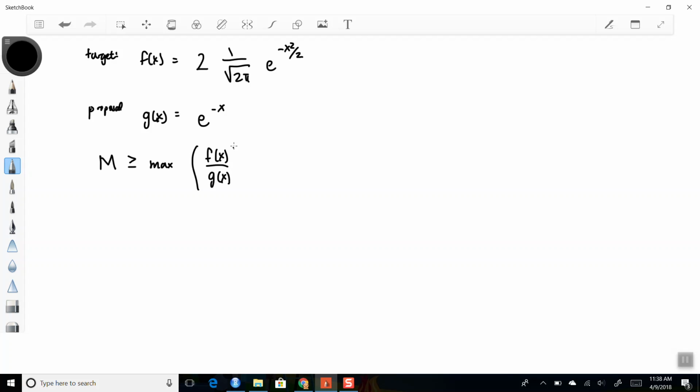Okay, so where is f of x largest in comparison to g of x? We'll just take that, and whatever that constant is, we're going to multiply g of x by this value so that it ends up always being taller. Okay, so this is going to be equal to the maximum value over x of 2 times 1 over root 2 pi times e to the negative x squared over 2 divided by e to the negative x.